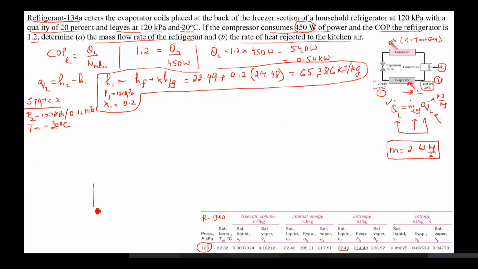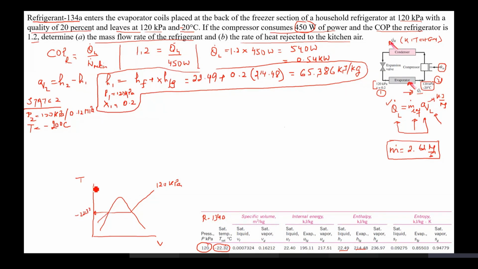All right, let's see how we can find it out. You have a temperature versus specific volume plot, and this is the dome. Your pressure is 120 kilopascal. At 120 kilopascal, the saturation temperature is minus 22.32.